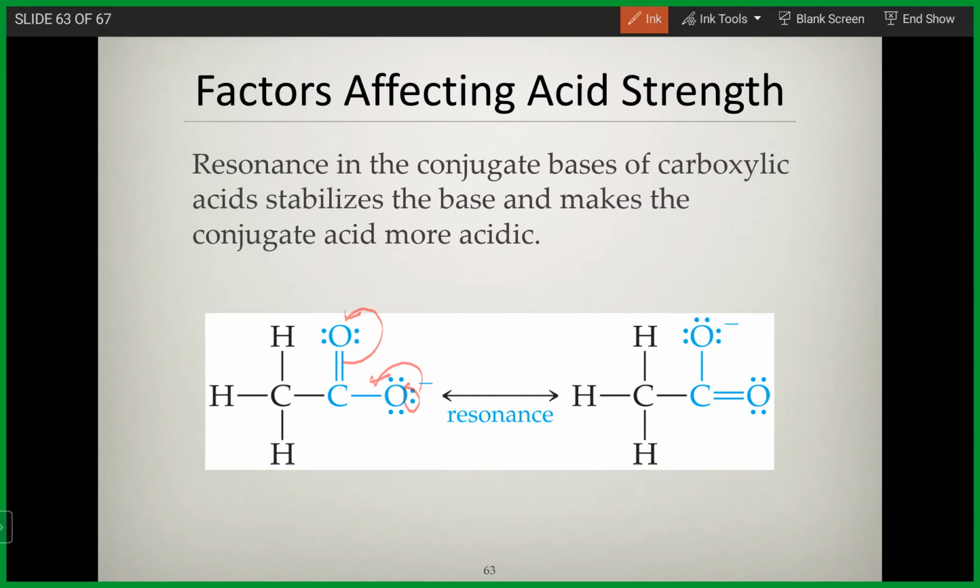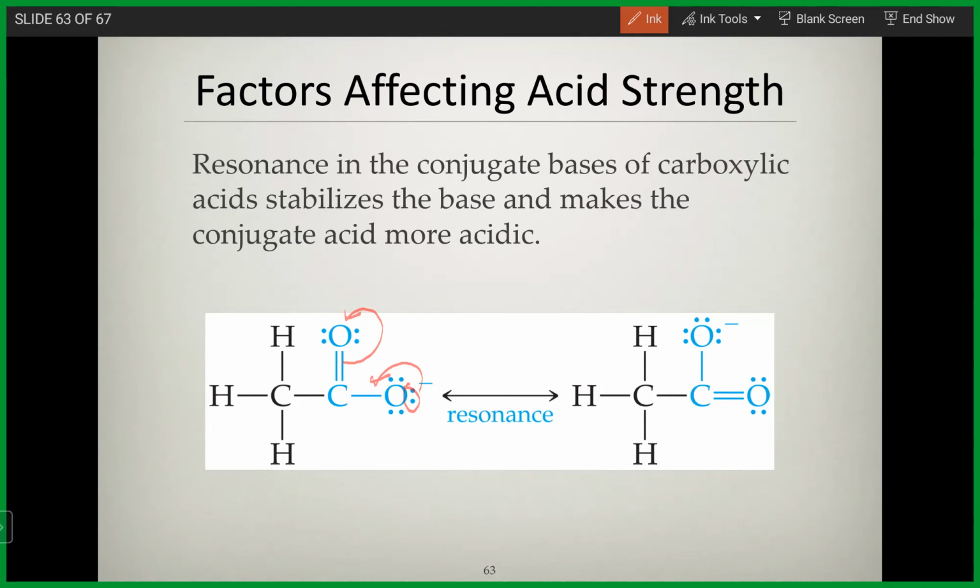So then what we're going to do is take 2 of the electrons from that original double bond and just move them into a lone pair on that other oxygen. So again, with resonance, we're just shifting electrons without changing the arrangement of the atoms, without changing anything about what's bonded to what. And that's going to be a stabilizing force.